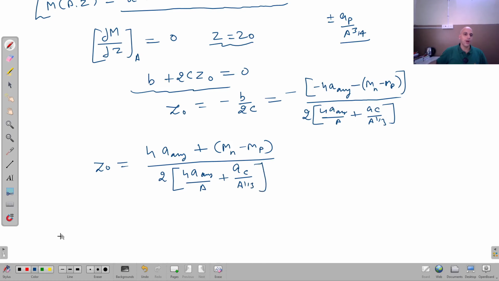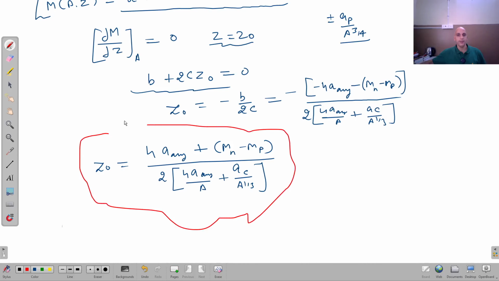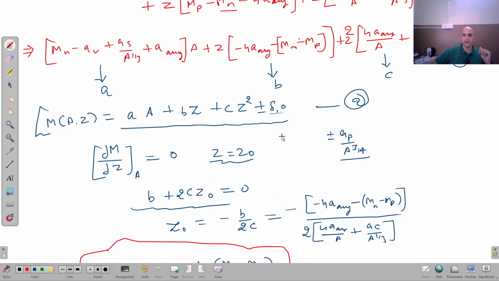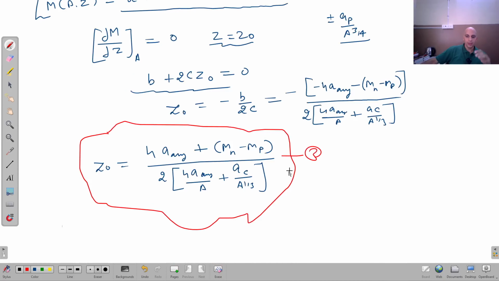So this is the required condition for the most stable isobar, right? This is the value of Z naught, and this is equation number 3.